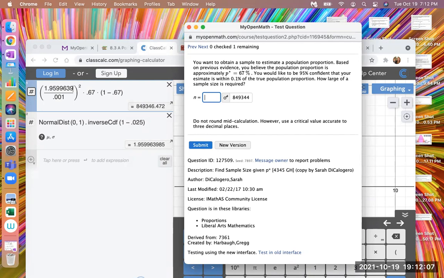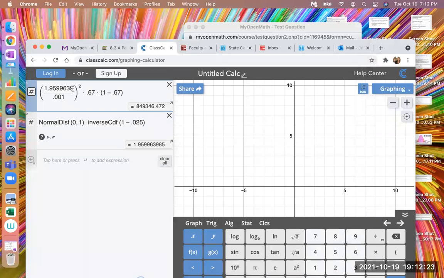Oh, they said do not round but keep the critical value, which is this Z alpha over 2, to 3 decimal places, which would be 1.96, which would be 377. Yeah, this is weird.